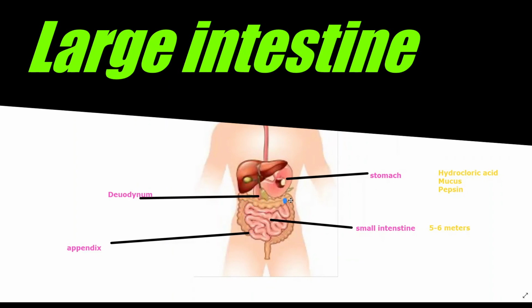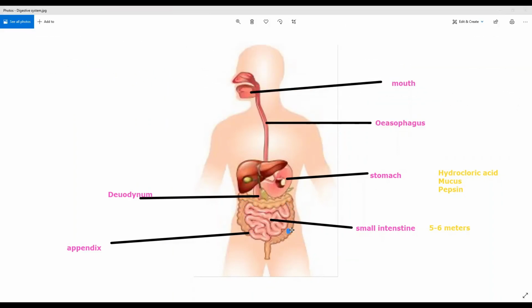Now we are in the colon. Let me label it. This is the colon. The main function of the colon is to send a message to your brain that it is urgent, that I have to go to the bathroom.